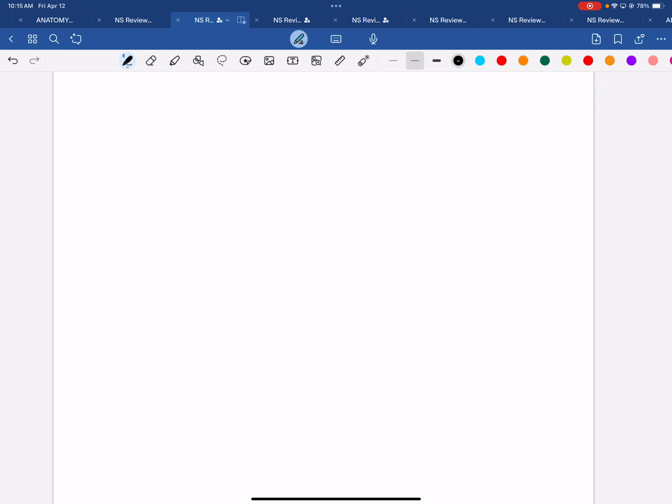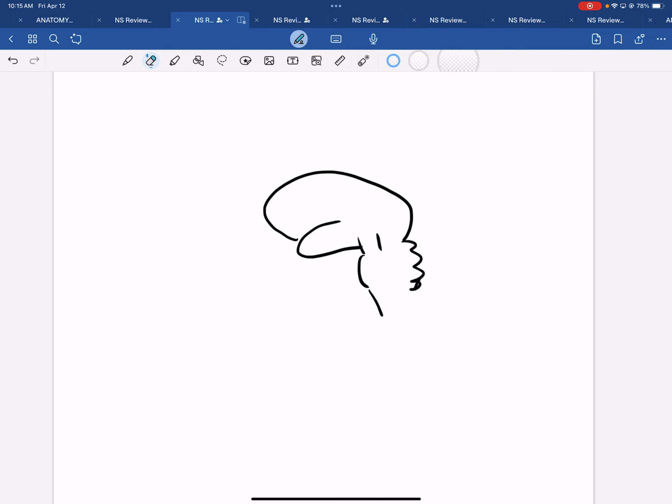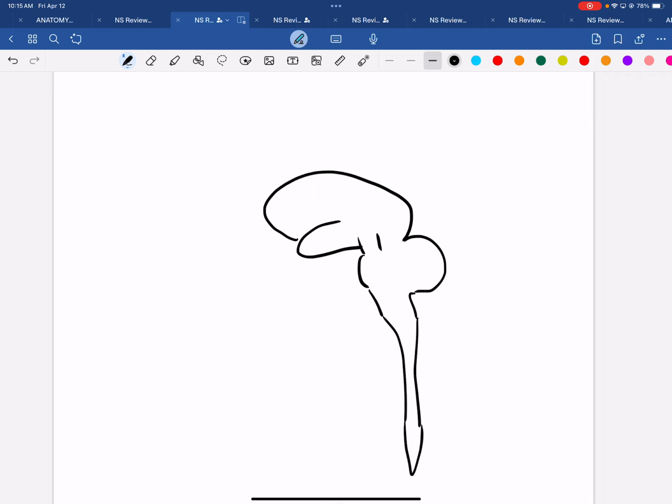All right, here. Let's say here, it's kind of something like that, and then it's in there, and then like that. Here's the cerebellum, and that's the spinal cord.